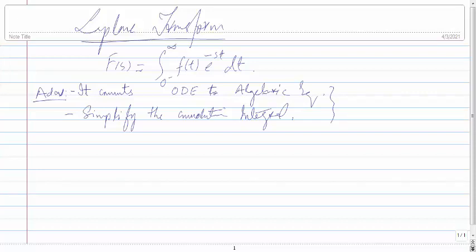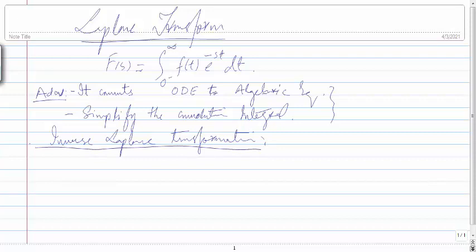So the frequency domain is actually a mathematical transformation. Because we do the mathematical transformation, to convert back we also have to do the inverse Laplace transformation. If we transform into some other domain, we have to convert it back.